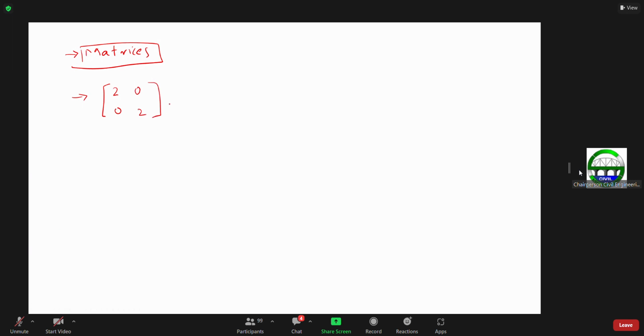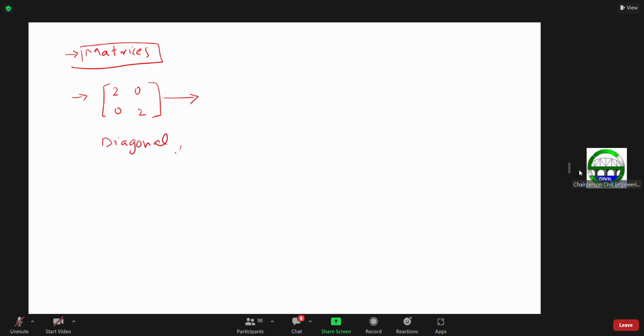And what else can we call this matrix? Can anyone please tell me what else it could be? It could be a diagonal matrix, correct?